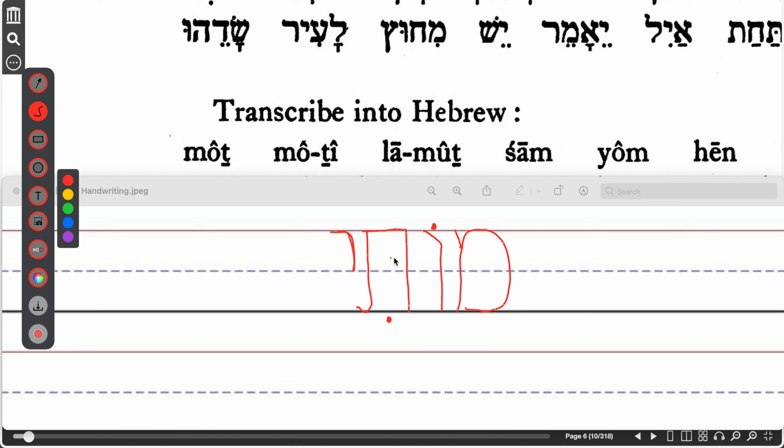So that is moat, or moth, T. Get the idea? Let me try another one. Lamed. So you have Lamed. And that's one of those letters that takes up a lot of space.